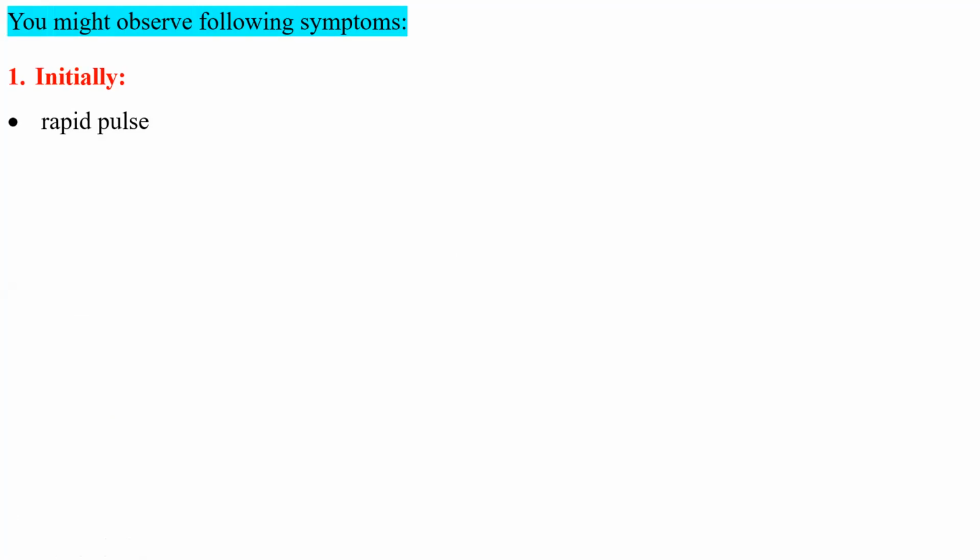Okay, so the pulse will be rapid. Initially there will be a rapid pulse, and a pale look; the whole body will be pale. It won't look normal, it will look pale. And then cool, clammy, sweaty skin. We have seen that there will be excessive fluid loss or blood loss.